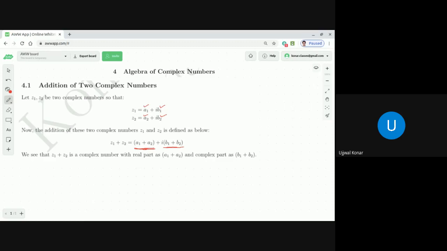And the imaginary part of the resultant complex number is the addition of the imaginary parts of the individual complex numbers. So Z1 plus Z2 is equal to A1 plus A2, which is the addition of the real parts, and B1 plus B2, which is the addition of the imaginary parts. So Z1 plus Z2 is a complex number with real part A1 plus A2 and imaginary part B1 plus B2.